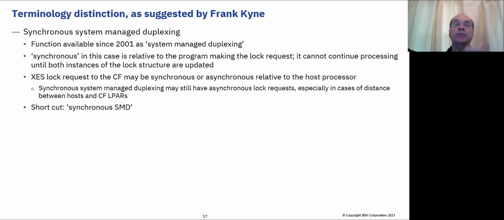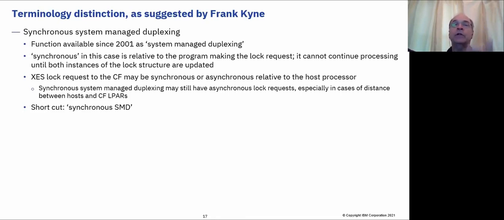Now, it's important to realize that the request itself from the z/OS CP to the lock structure may be a synchronous request or an asynchronous request. This will be based upon the heuristic algorithm that XCF uses to determine the response time from the CF and whether it's better for the host processor to be dispatched to do other work or to remain busy while the CF processes.